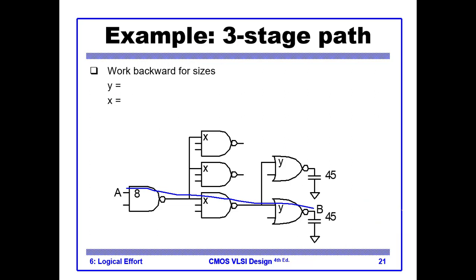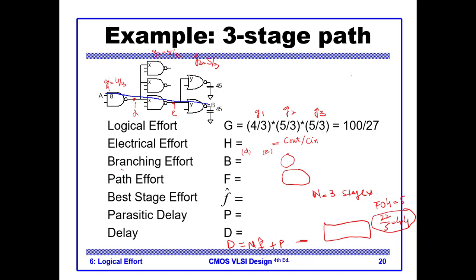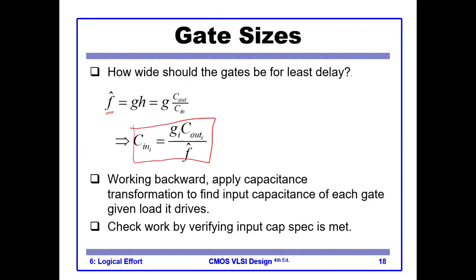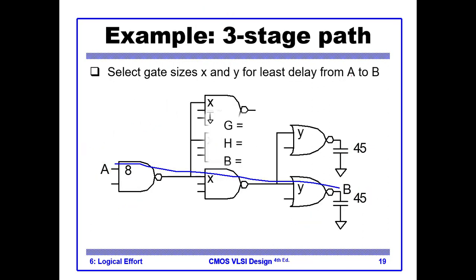Now, using this minimum delay, we want to find y and x, which are our gate sizes. So we start with y, and the formula used is this one. Let me show you the formula. Cn at any stage is equal to the logical effort Gi multiplied by C out of I divided by F cap.